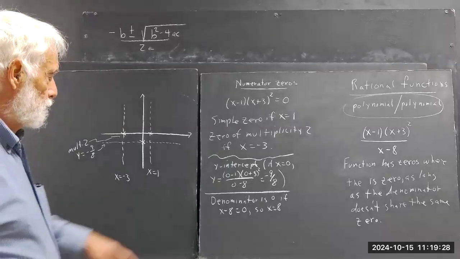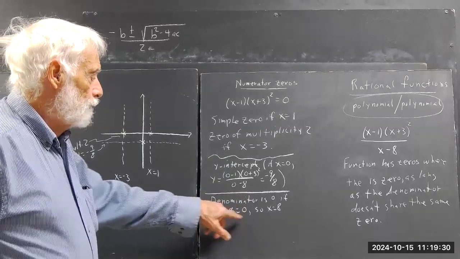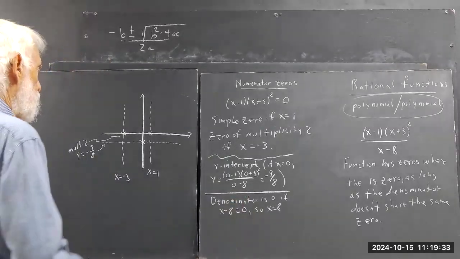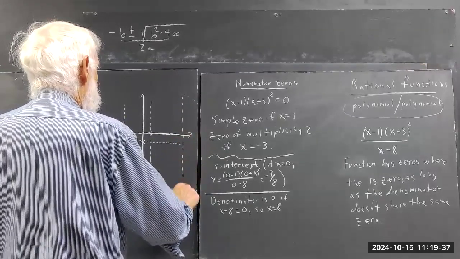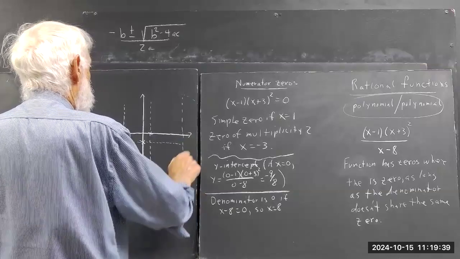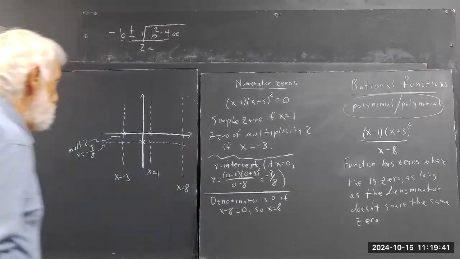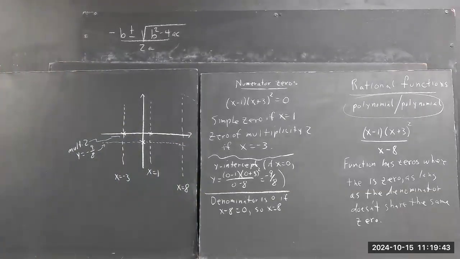Denominator goes to 0. If x minus 8 equals 0, so it happens at x equals 8. So let's put x equals 8 out here. Okay.